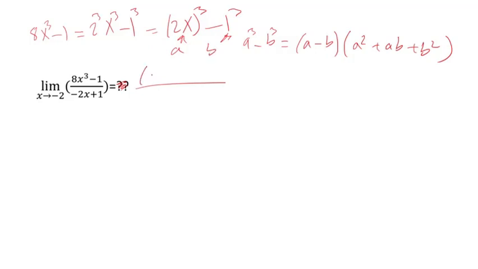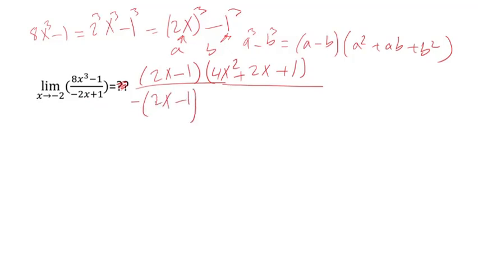So I can go ahead and do 2x minus 1 times 2x squared, which is 4x squared, plus 2x times 1, which is 2x, plus 1 squared, which is just 1. Again, I see 2x minus 1 in the other part, so I need to change this to be the same, just multiply by a negative sign.